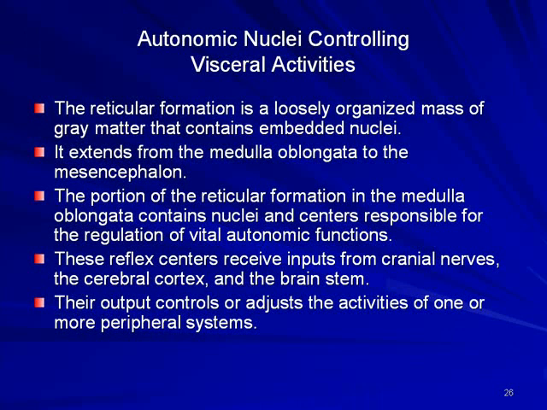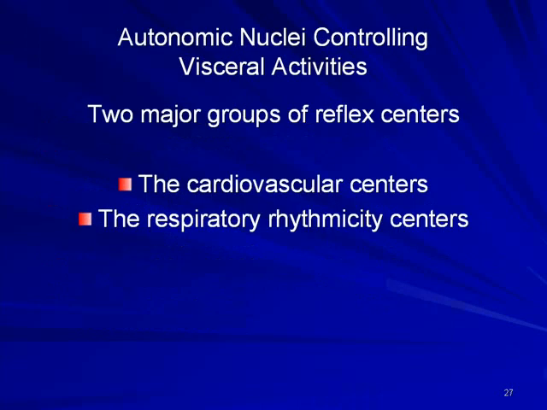Our heart beating, the digestion of food when we eat, all of these are carried out by the autonomic nervous system. We'll talk about the sympathetic and parasympathetic nervous systems. These are autonomic functions, and nuclei in the medulla control that. Reflex centers receive input from cranial nerves, the cerebral cortex, and the brainstem. Their output controls or adjusts activity in one or more peripheral systems.